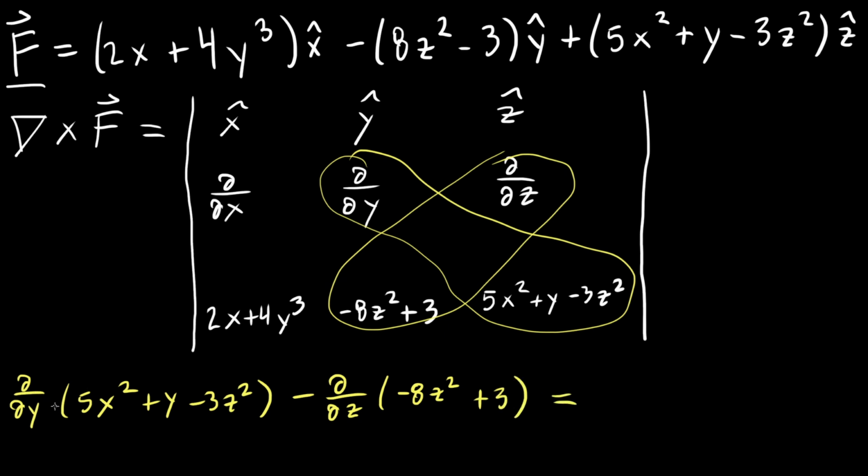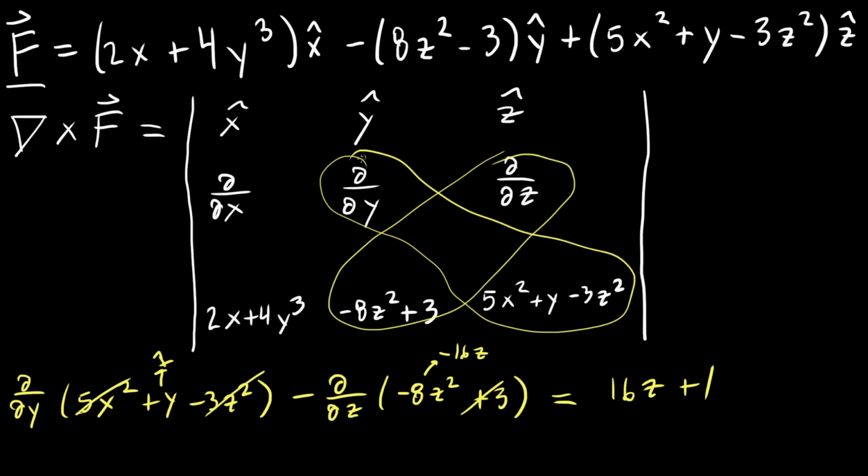And since this is a partial derivative with respect to y, these terms cancel. They don't have any y dependence. And for the z, this term cancels because they don't have any z dependence. This will turn into 1. So this is 1. And this will turn into negative 16z. And then this will ultimately be 16z plus 1, since we have to distribute the negative sign inside.